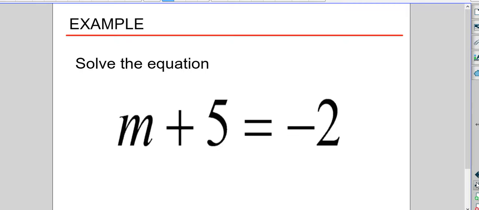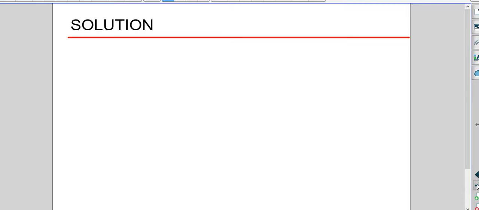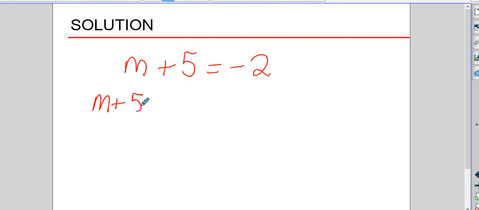Okay, let's take a look at the next one. M plus 5 equals -2. So we want to get M all by itself. We have adding 5 here. So to get rid of that, we have to do opposite operations.